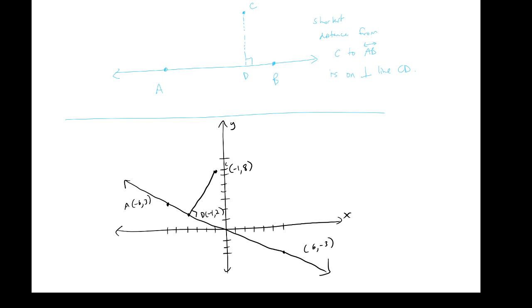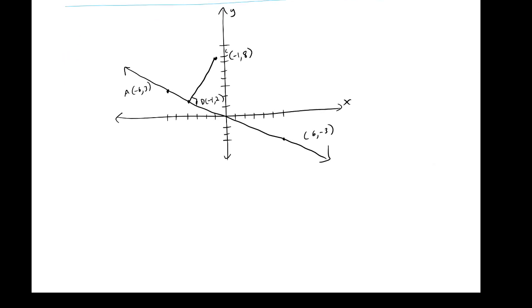And this distance is perpendicular, okay? So the directions are find the distance from point C to line AB. Well, that's literally just going to be the distance here.